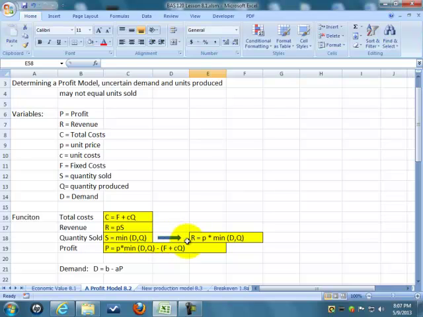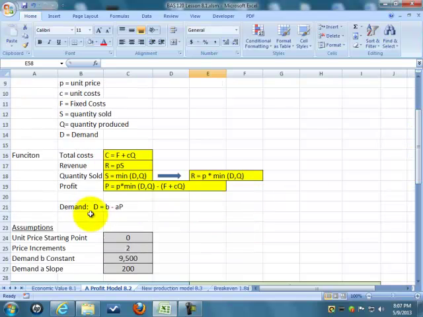If you put these two together, revenue will be equal to my unit price times the minimum of whatever is demanded or whatever I produced. And profit's going to be the same way. Profit is going to be my revenue, which I stole from here, minus my total costs. And we've given you a demand function, and if you remember back to the last course, we've made this a linear demand function to keep things relatively simple.